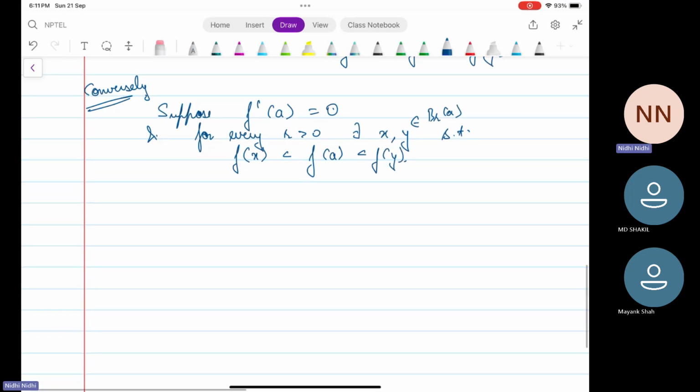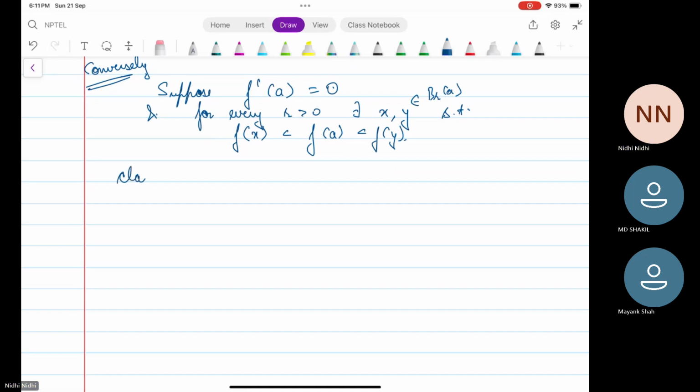In this case, we'll show that A is a saddle point.